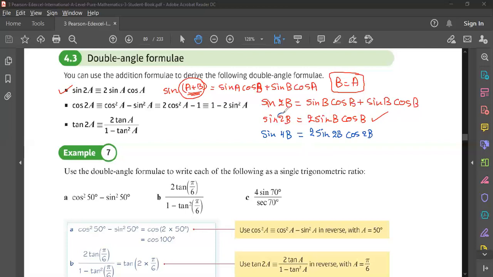See, that's a 2b, that's a 1b, 1b. When it becomes 4b, it becomes 2b, 2b, half of it, half of it. Here 1b, 1b; 4b, 2b and 2b. This is the double of the angle. The angle is 2b, its double is 4b.